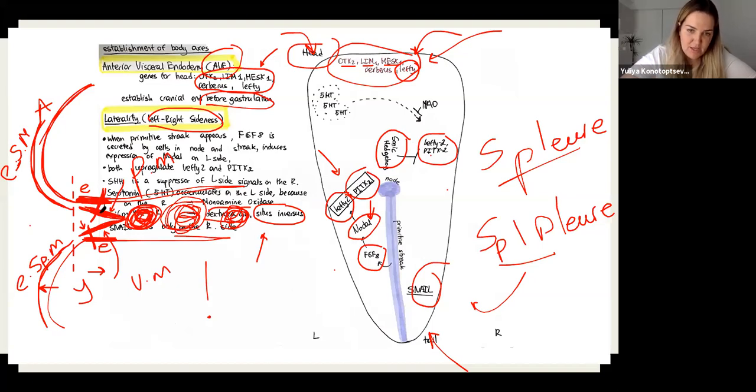That means that splanchnopleur is the visceral mesoderm together with endoderm. Parietal mesoderm is continuous with the extra-embryonic somatopleuric. Visceral mesoderm is continuous with extra-embryonic splanchnopleuric. Is this clear?